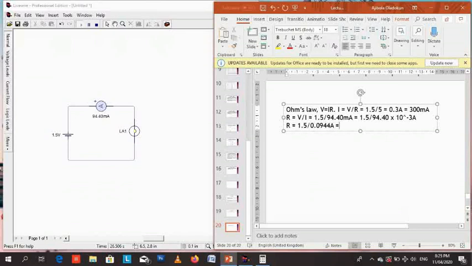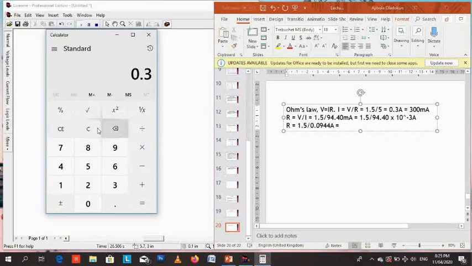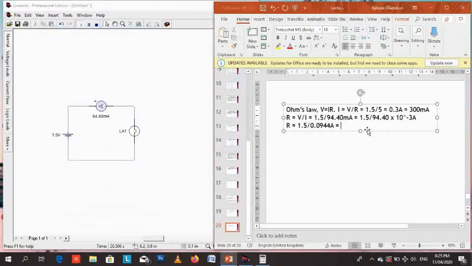So we will need the surface of our calculator. We have 1.5 divided by 0.0944. That gives us 15.889 or 15.89 ohms.